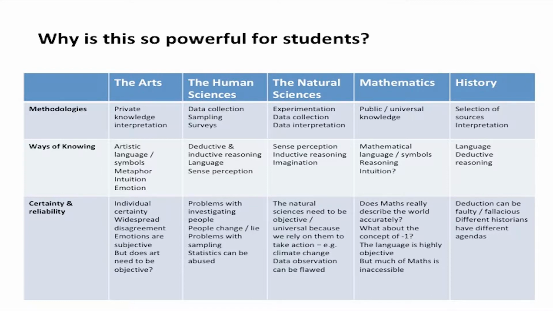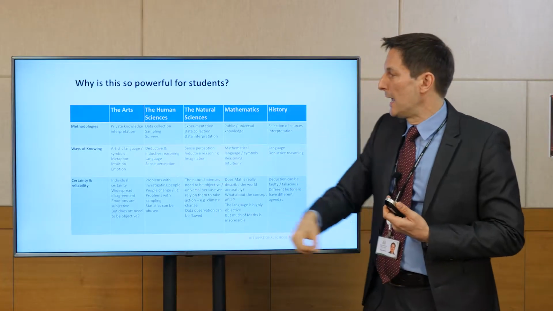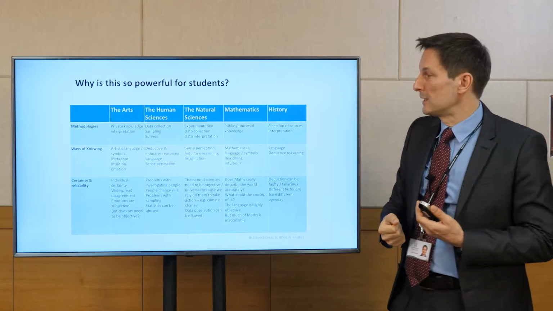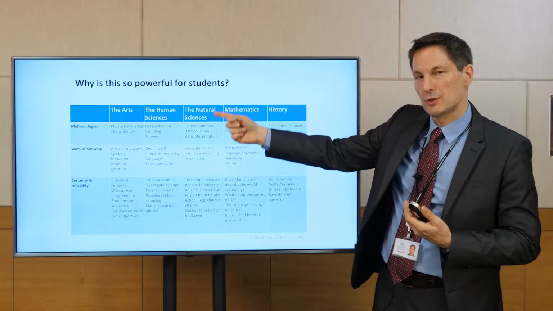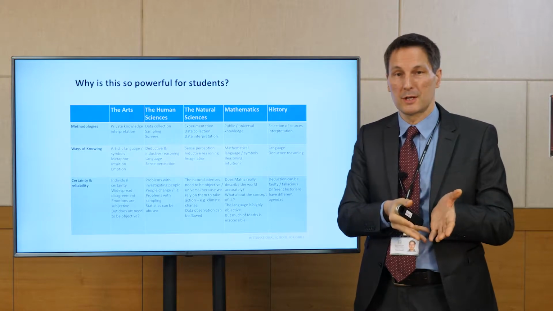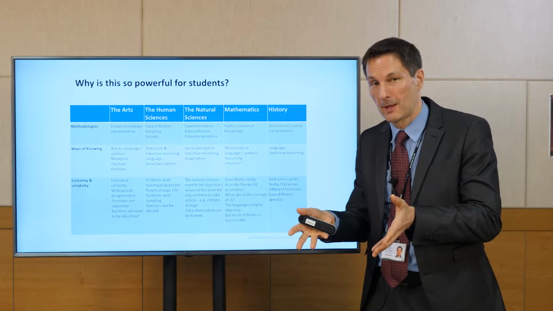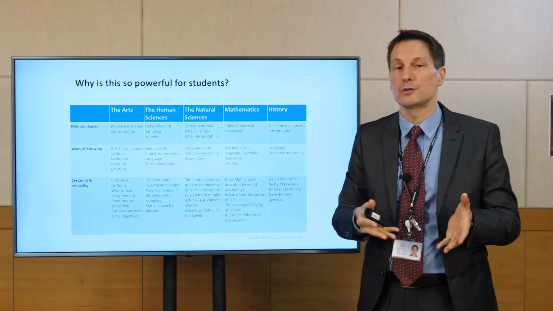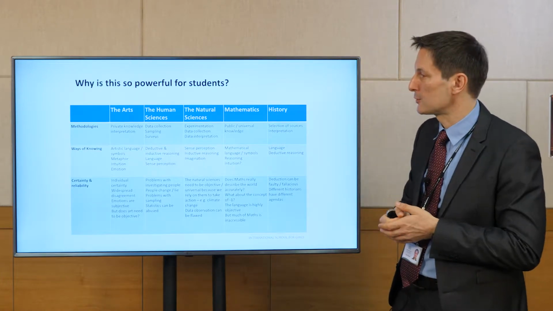So what are the differences and the similarities across these two areas of knowledge? And then the next question, of course, would be, if there's interpretation in the natural sciences, then how certain can we be? If there are different interpretations of the same data, how reliable does that make the knowledge that we produce in that particular subject?